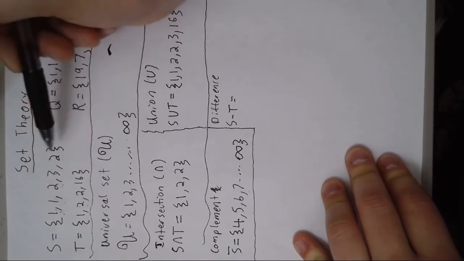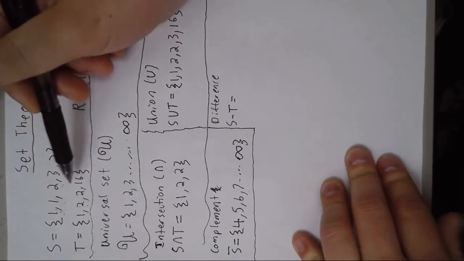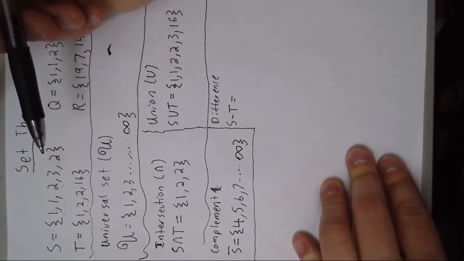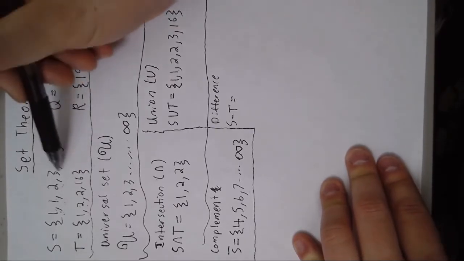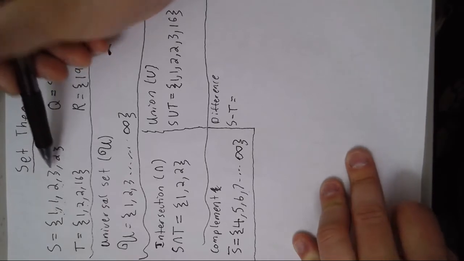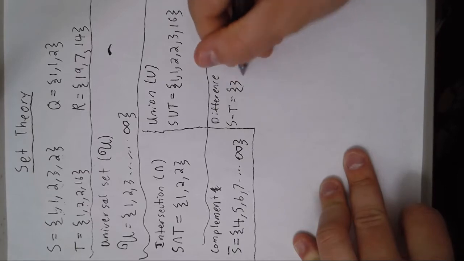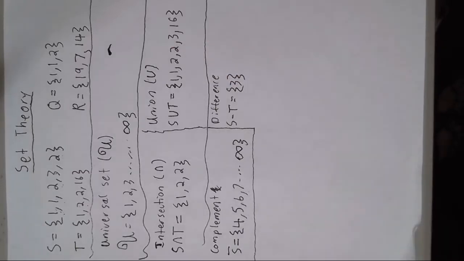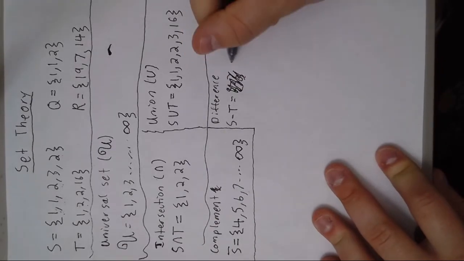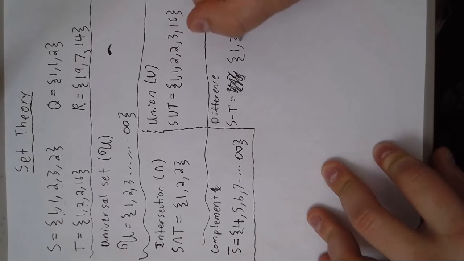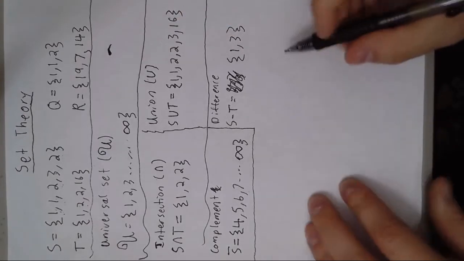We have 2 2's, and the 16 doesn't do anything because it's not in S. And then we have the 3, which stays there. So the only thing that stays is the 3, I think, right? We would also have a 1, I'm sorry, because we only have 1 1 in T. So the result is 1 and 3. Okay, and that's difference.